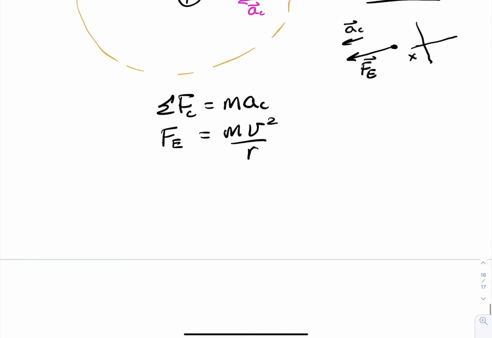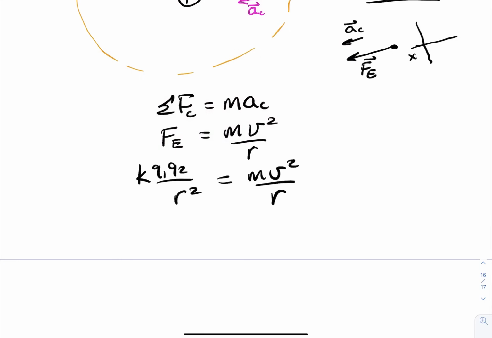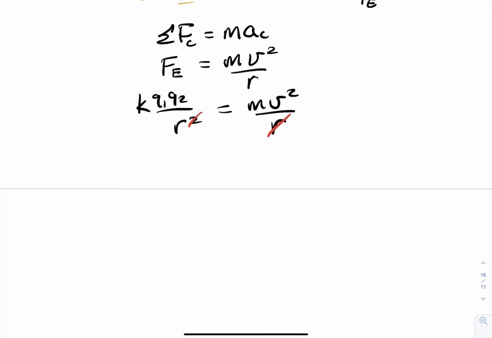Fe is k q1 q2 over r squared, equal to m v squared over r. So if we multiply both sides by r, one of those r's will go away. I think the question is asking for this tangential velocity here. And so what we're going to do is isolate that with a little bit of algebra. We're going to divide by m and square root.